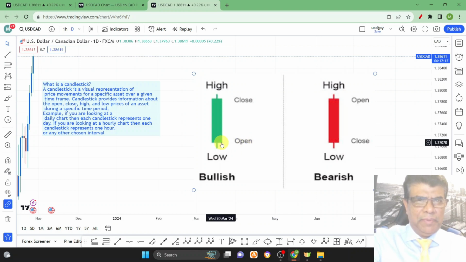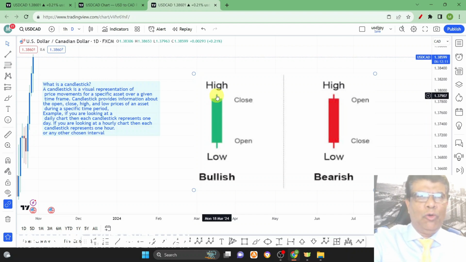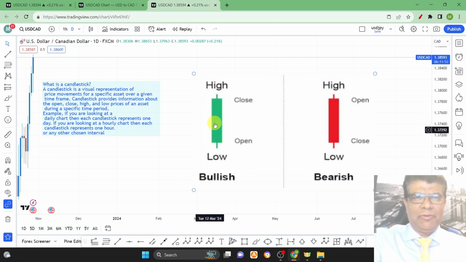It opened from here, then went down, and then went up all the way to here. Then it closed, end of the day, right here. So this whole thing is called the body. The stock opened right here, went down, then went up again, and closed here. So this whole thing is called the body.